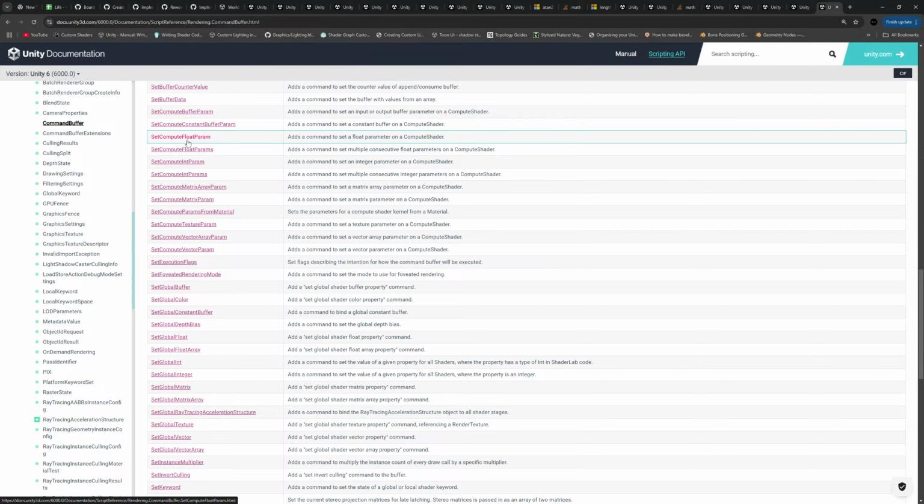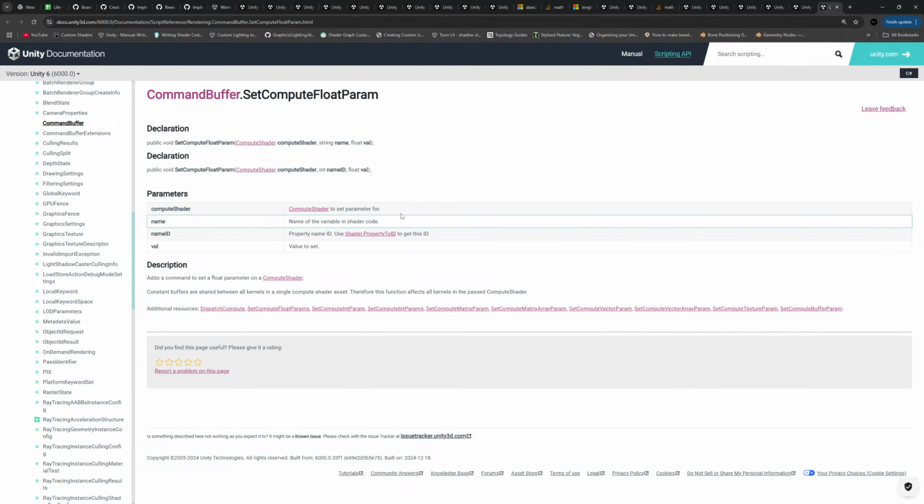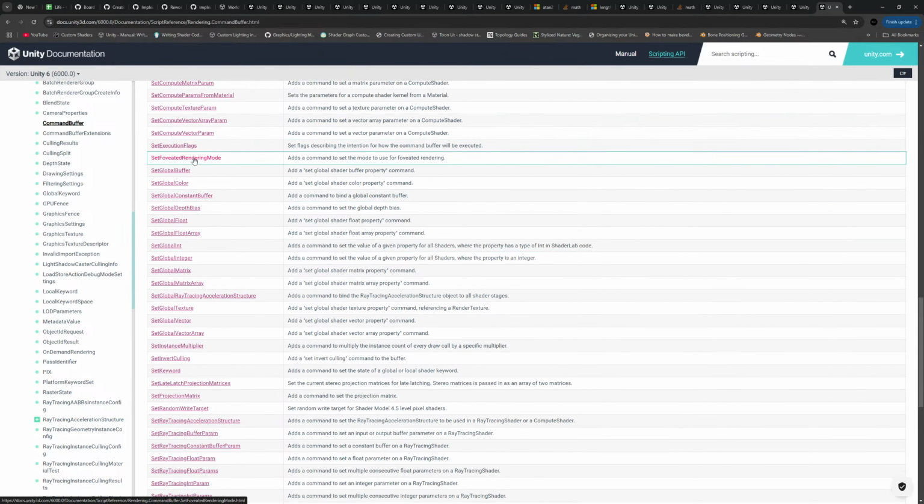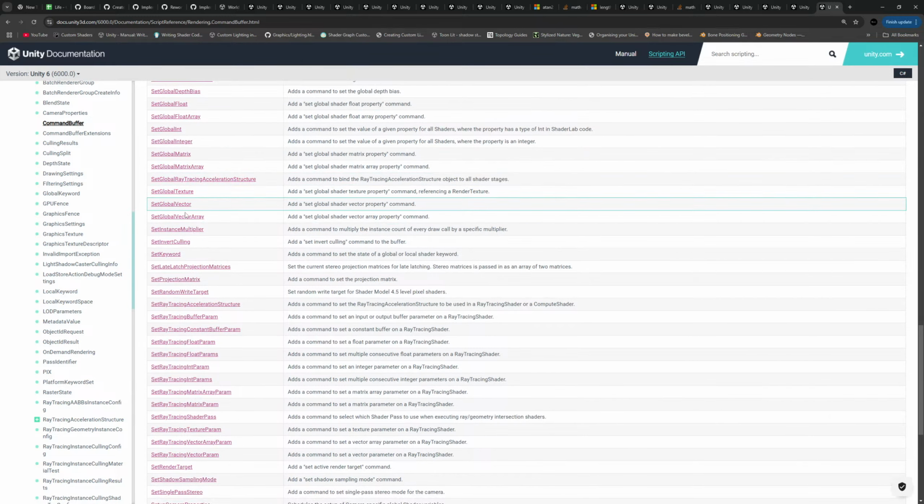Why don't we have something similar like this? Set compute int param. I would like to have something similar. Set global. Set instance multiplier.